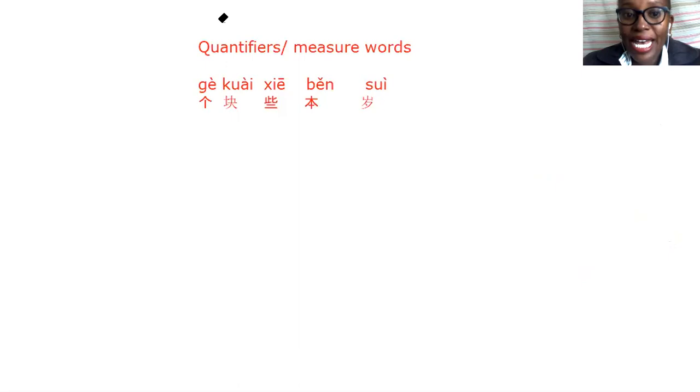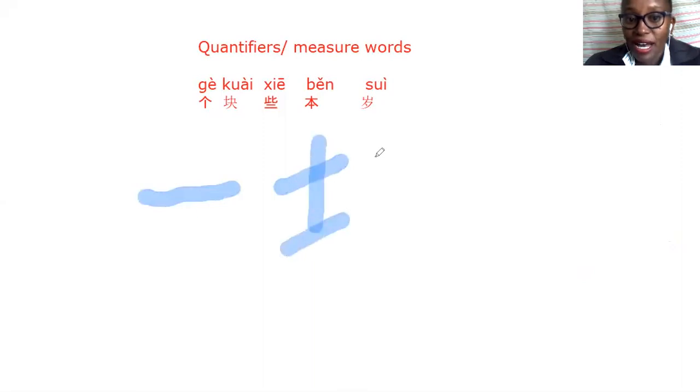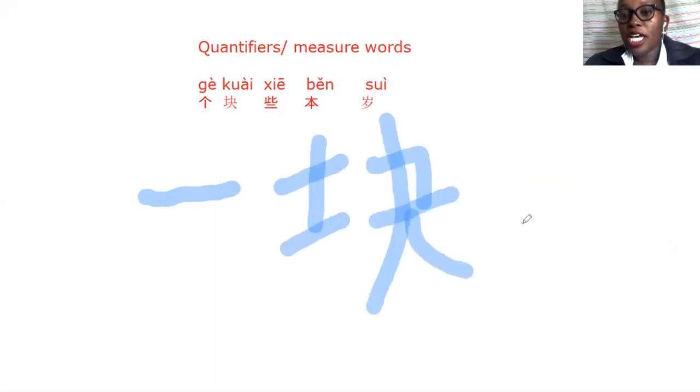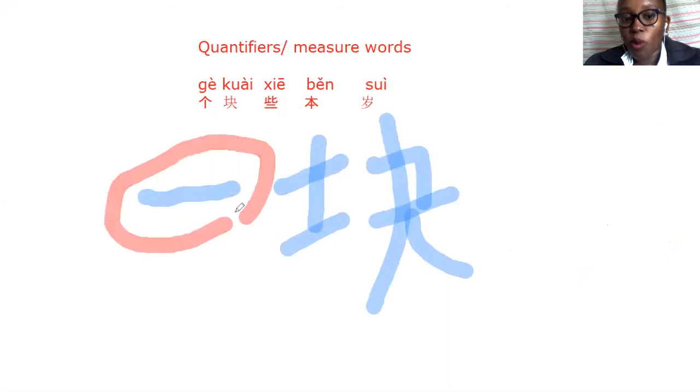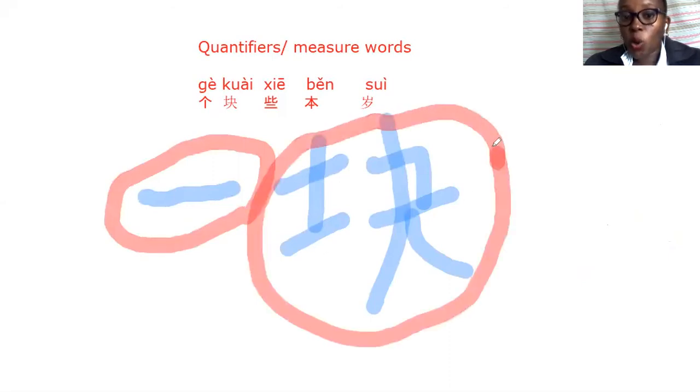So when I am writing and I want to say a piece of bread or a slice of bread, I'll say 一块面包. The word 一 here is representing one because it's one piece, and then the piece is the 块.